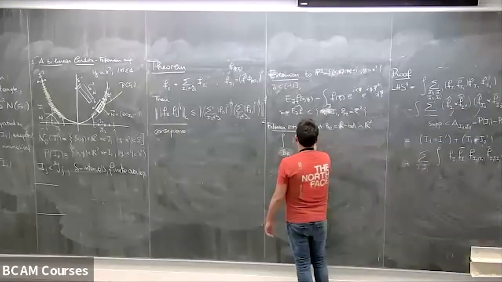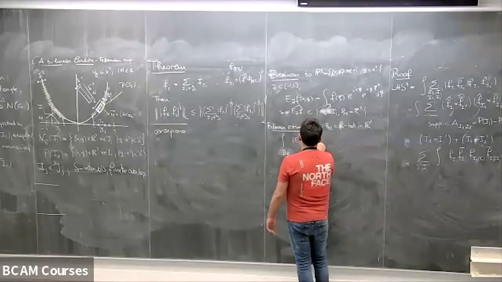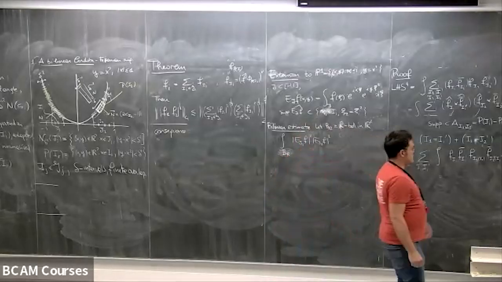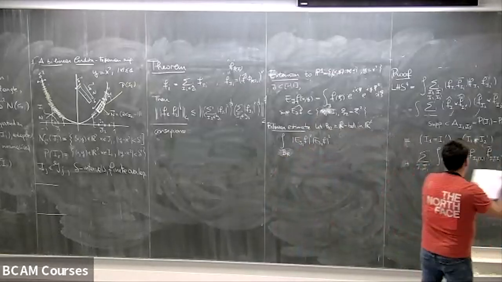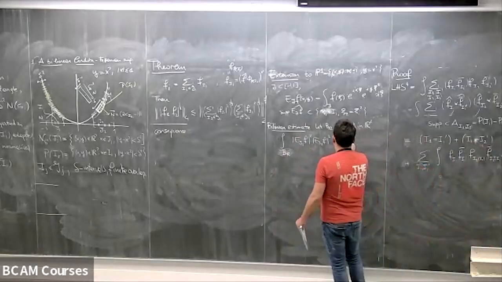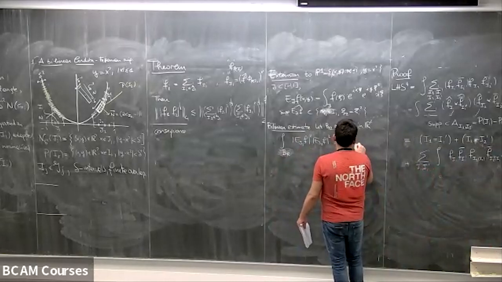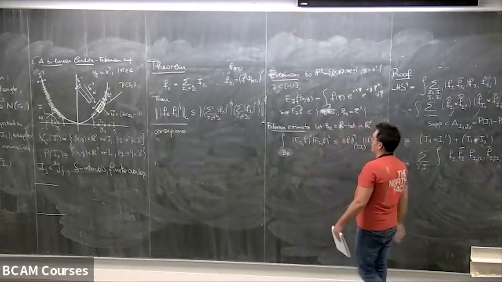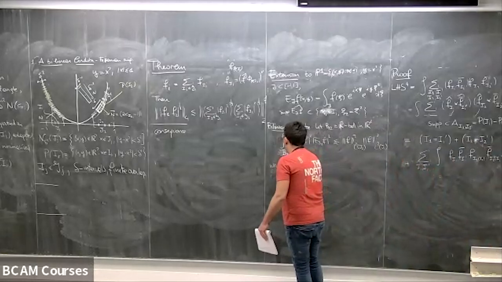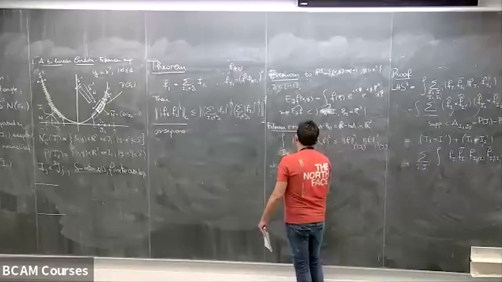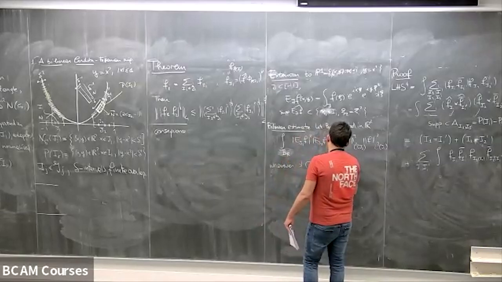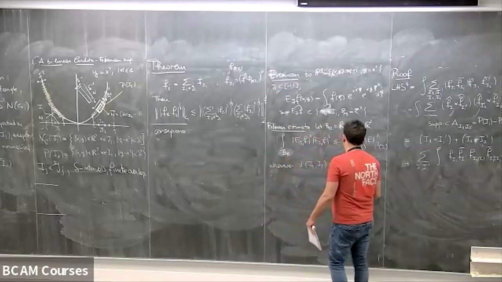If you take EJ1 f and EJ2 f squared, it is less than the L2 norm of f on J2 squared times the L2 norm of f on J1, whenever the distance between J1 and J2 is much bigger than R^(-1/2).